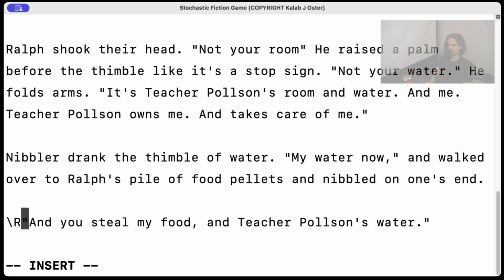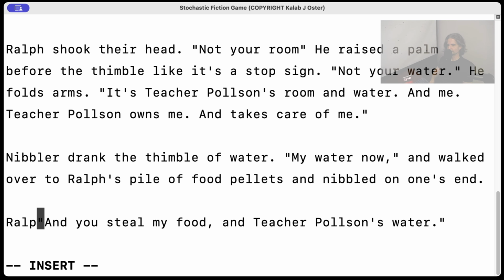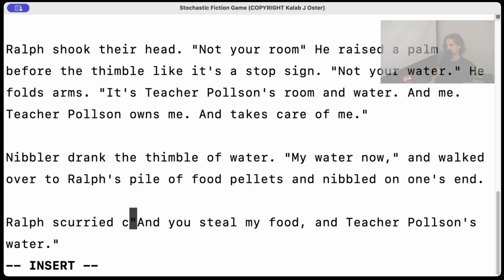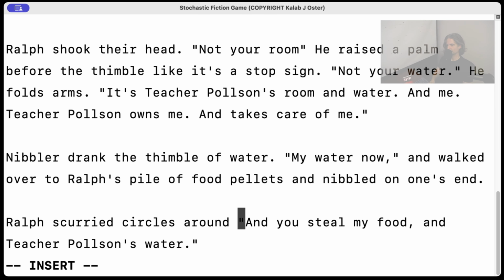Let's do this. Ralph scurried circles around Nibbler.